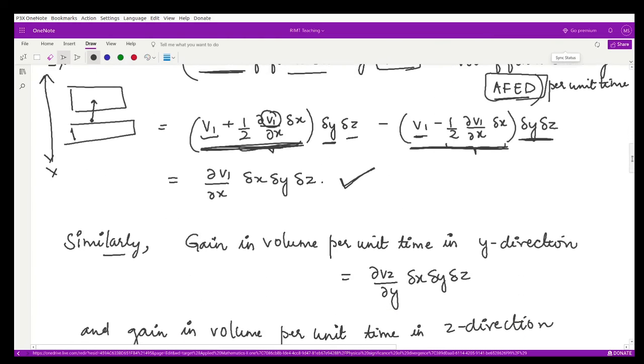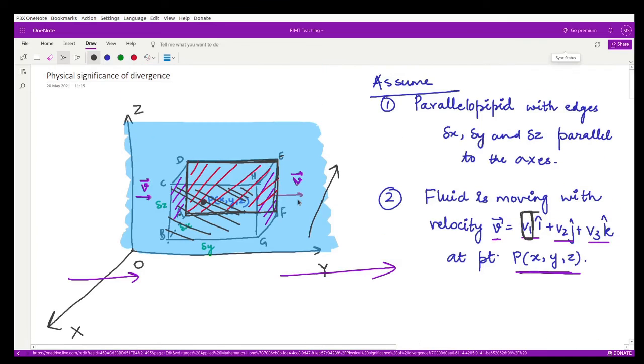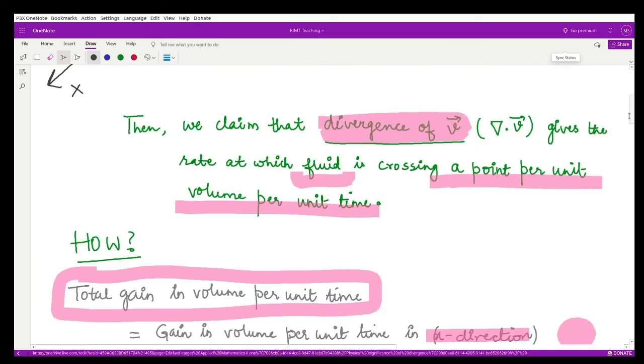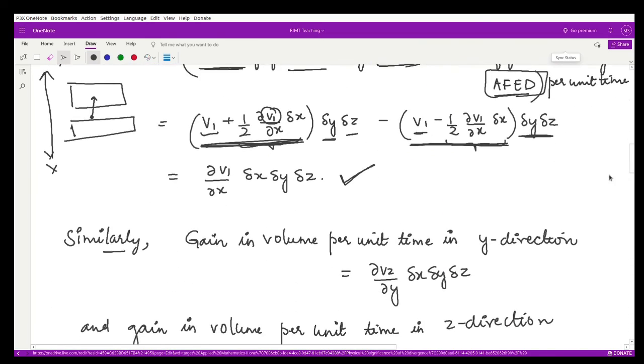Similarly, for the y direction, this is our y-axis, so we have this purple face and this purple face. Moving from one purple face to the other, the change is obtained similarly by the expression del V2 by del y, del x, del y and del z.